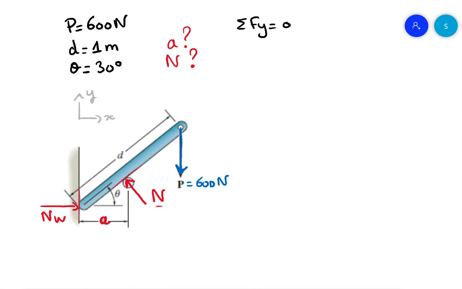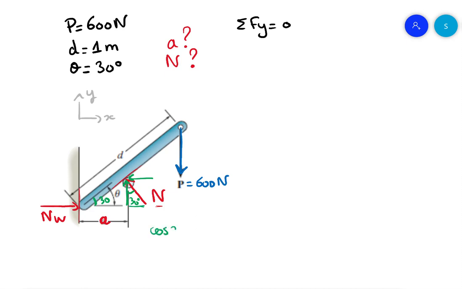So we need to find the component of the normal force on Y. So we have an angle 30 degrees. So we have 60, so we have 30 degrees there, right? So if we look at this one, what we want is the vertical component.